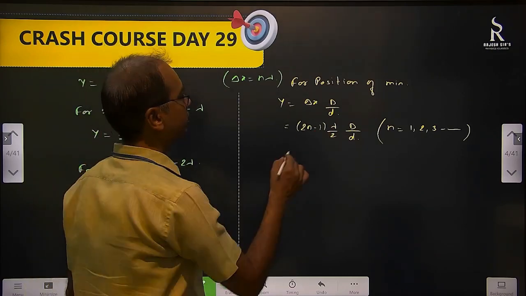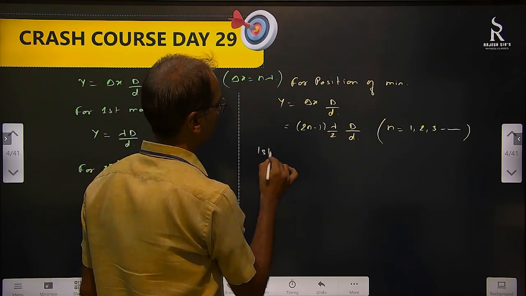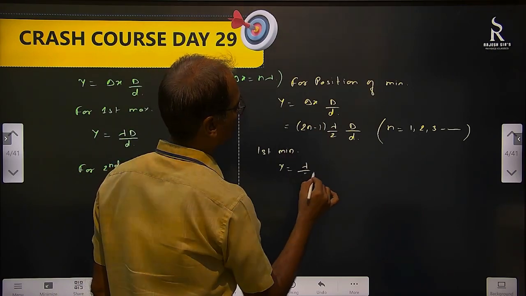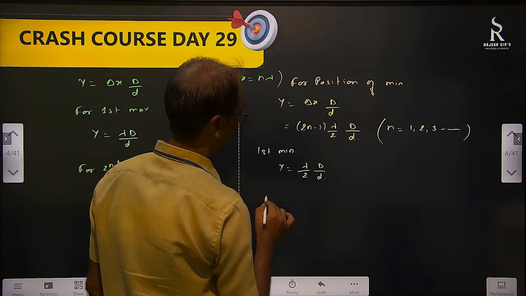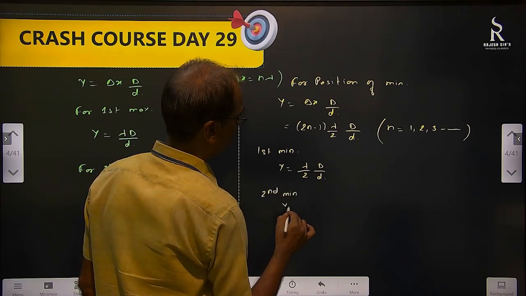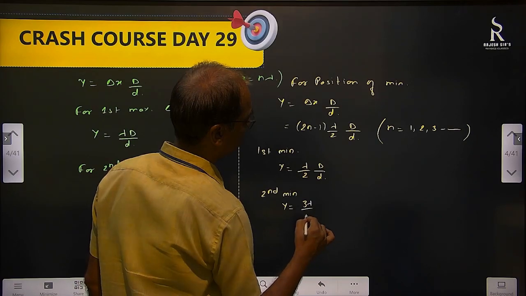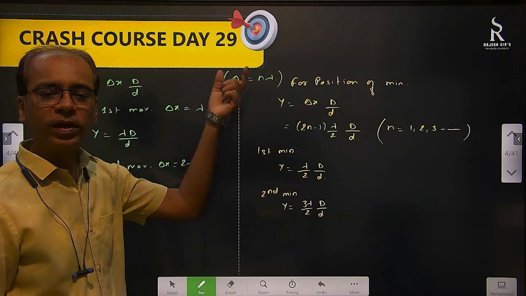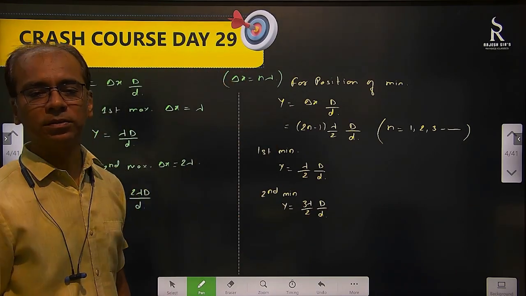So the first minima's position is y equal to lambda D by 2d. Second minima, y equal to 3 lambda D by 2d. So this way we can find the positions of maxima as well as minima.